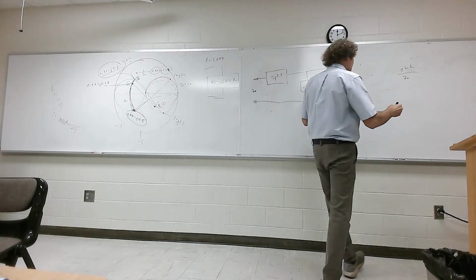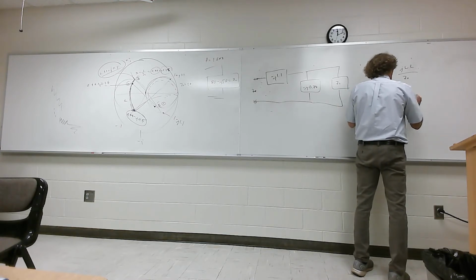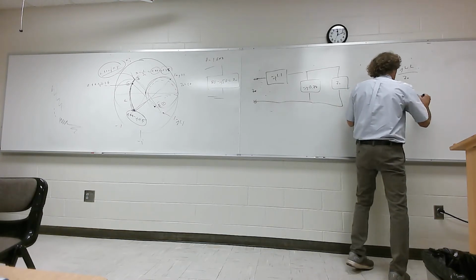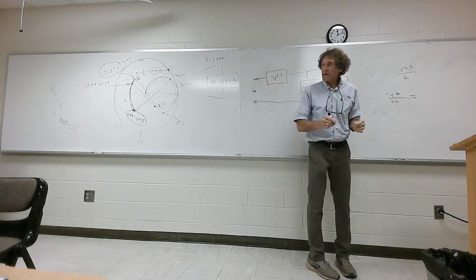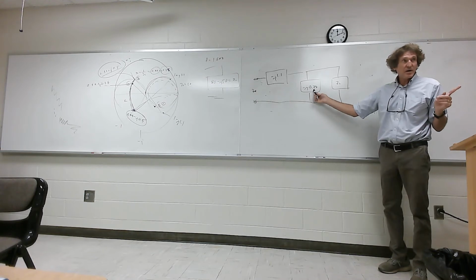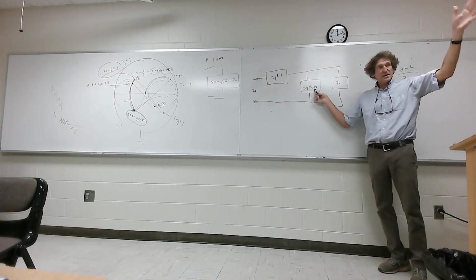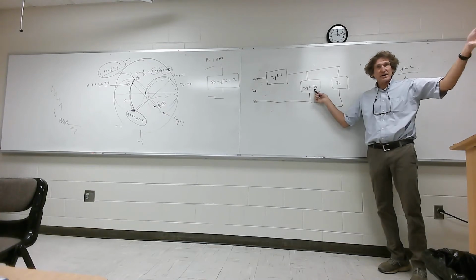When I take 1 over that, what do I get? I get minus J Z naught over omega L, right? And what's that equal to? Minus J 0.78. Do you all follow me on this, class? I'm making sure, I'm trying to be as clear as I can, I'm not trying to do anything here too fast.